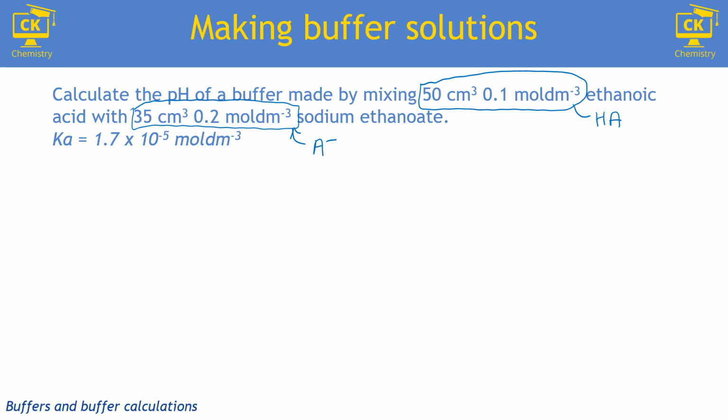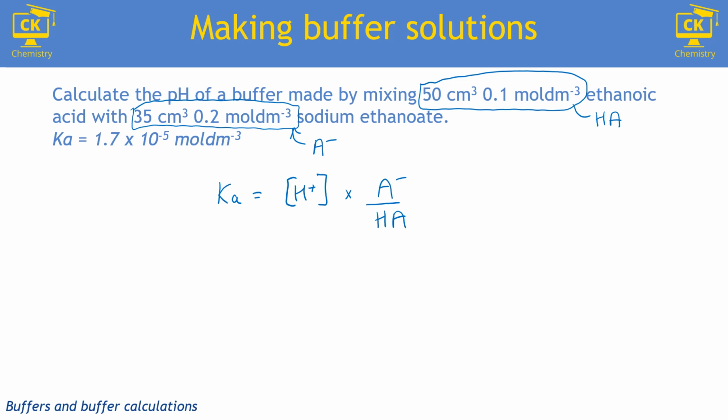Sodium itself is not going to appear in any of these calculations. It's completely a spectator ion that has no effect on pH, so don't get confused and start putting Na plus anywhere in your calculations. So we know that Ka equals H plus times A minus over HA. You're going to be very bored of this equation by the end of this video, but that's a good thing, because then it's hopefully easy.